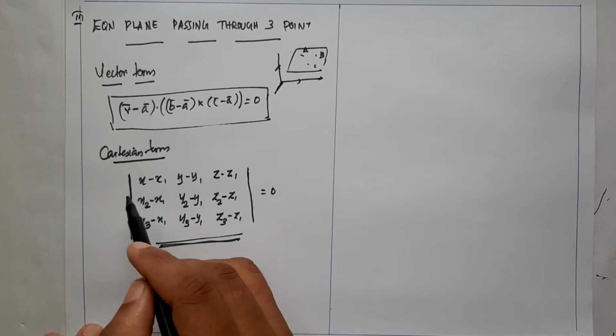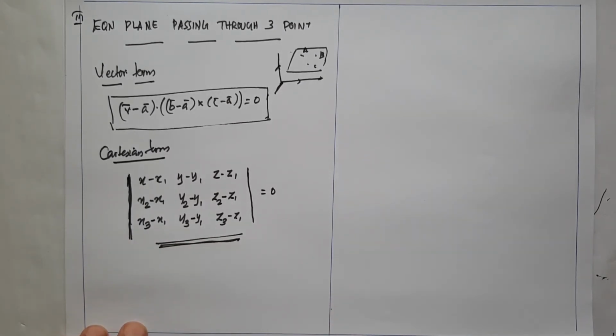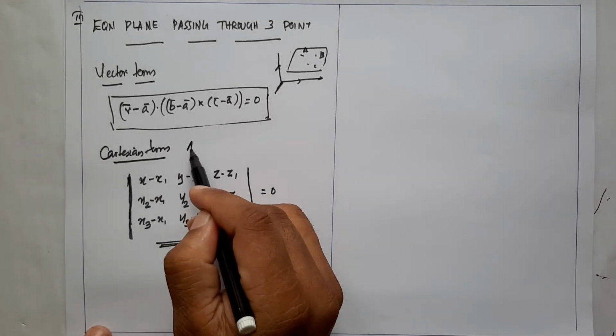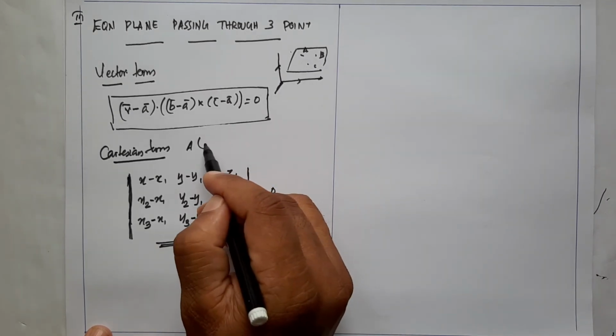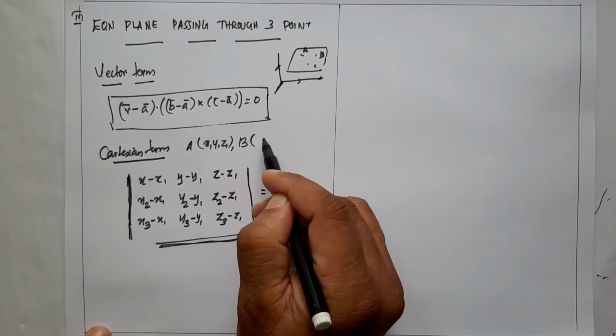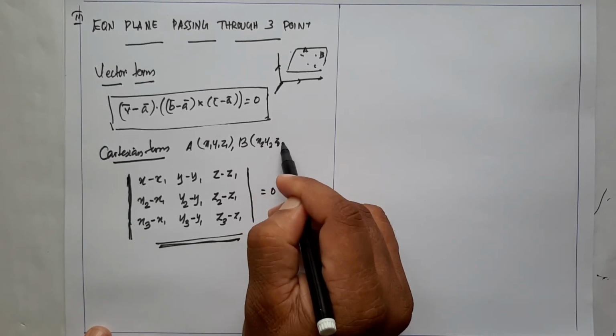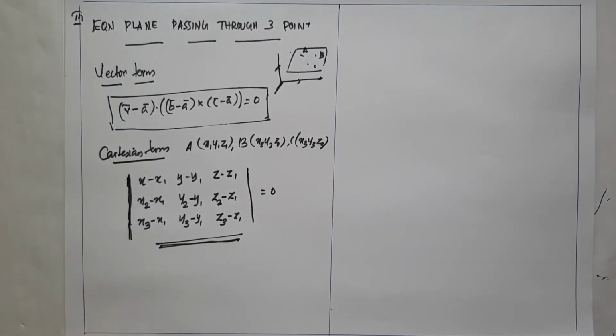Then the equation of the plane is the determinant with first row x minus x1, y minus y1, z minus z1; second row x2 minus x1, y2 minus y1, z2 minus z1; third row x3 minus x1, y3 minus y1, z3 minus z1.